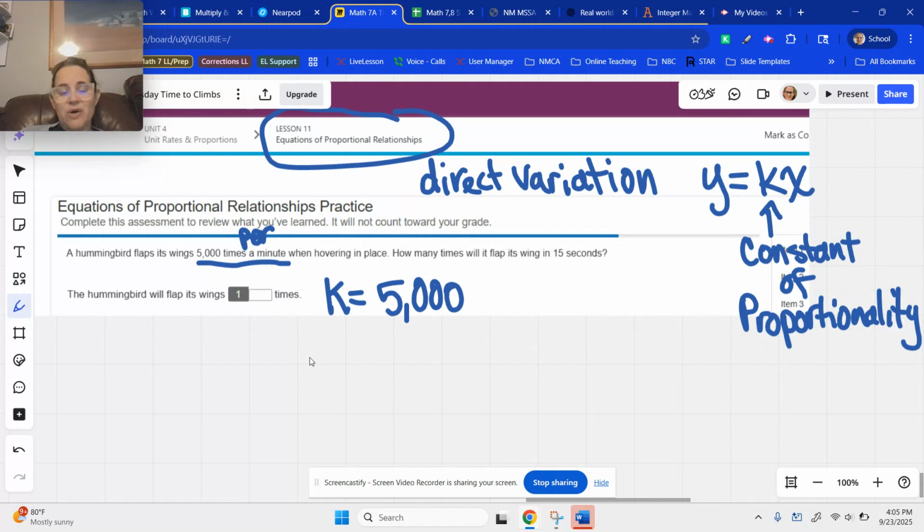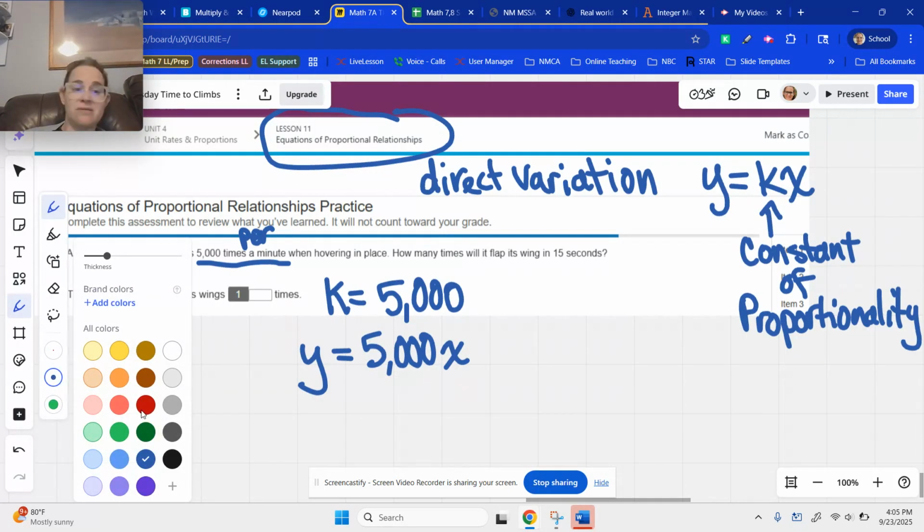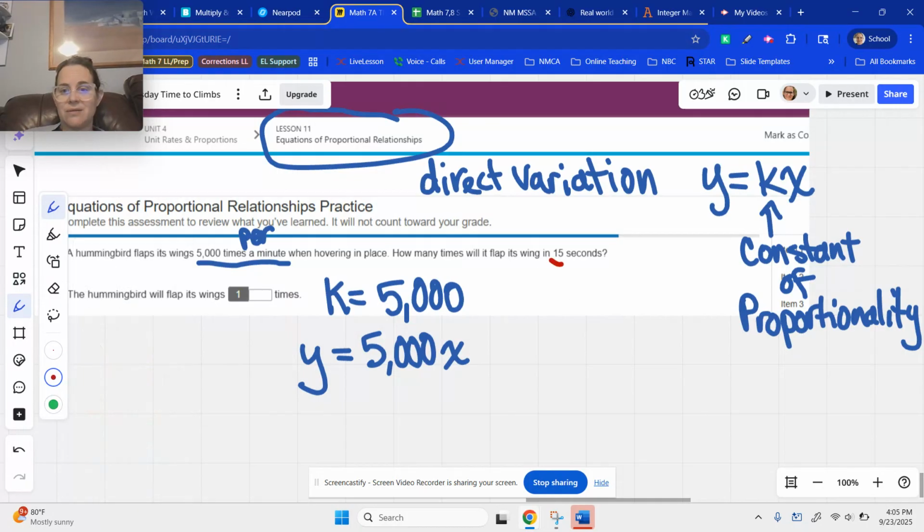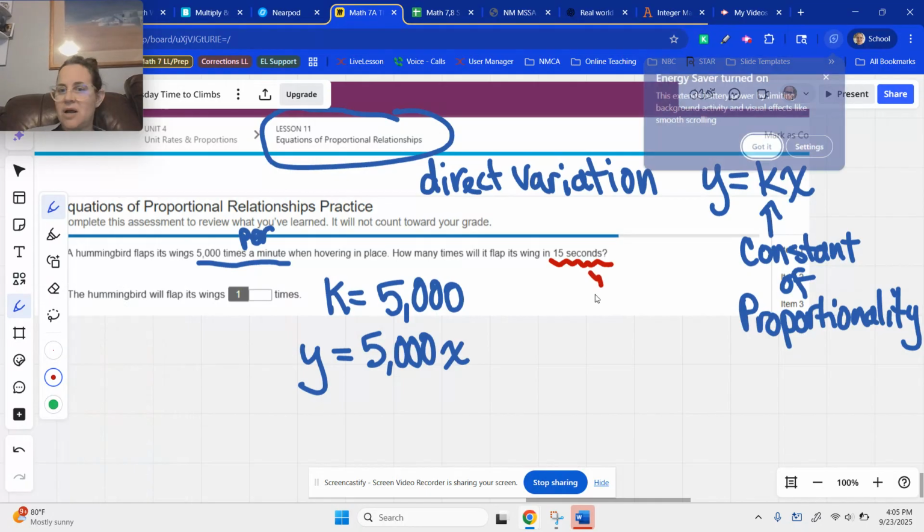Now my equation is going to be y equals 5,000x. And now the tricky part is that I'm going to have to think about this 15 seconds and decide if it's y or if it's x.